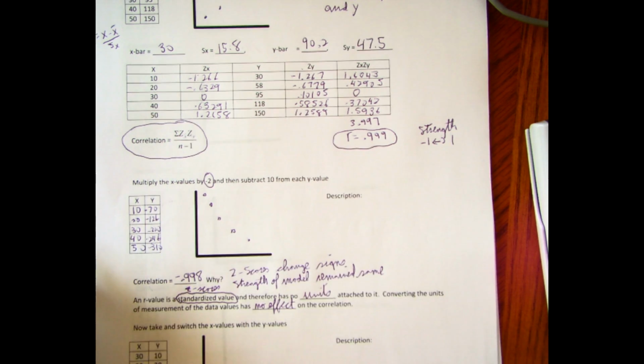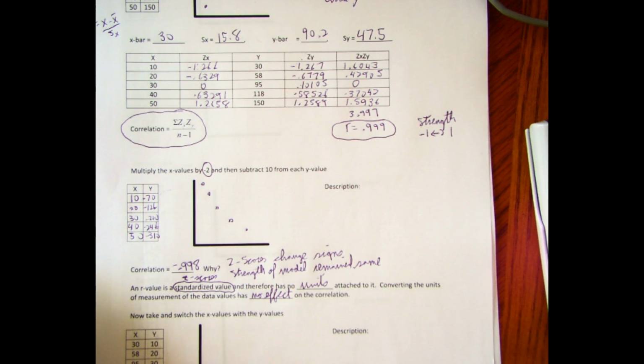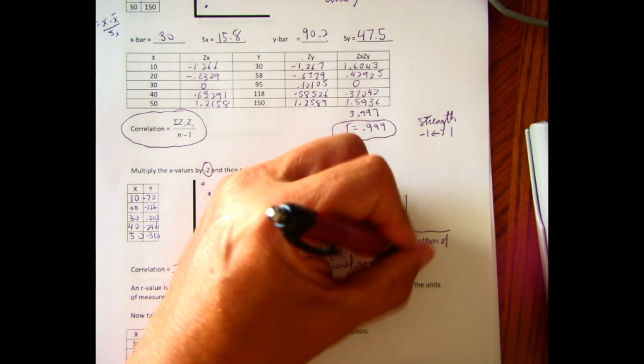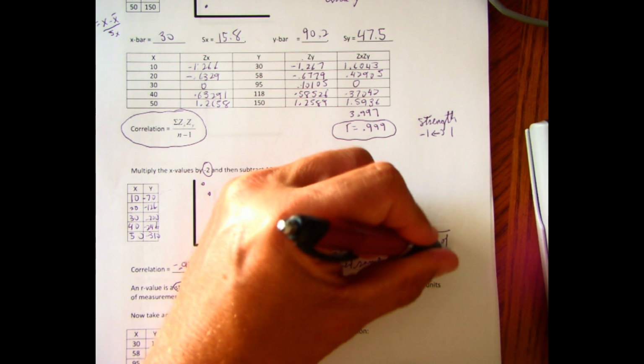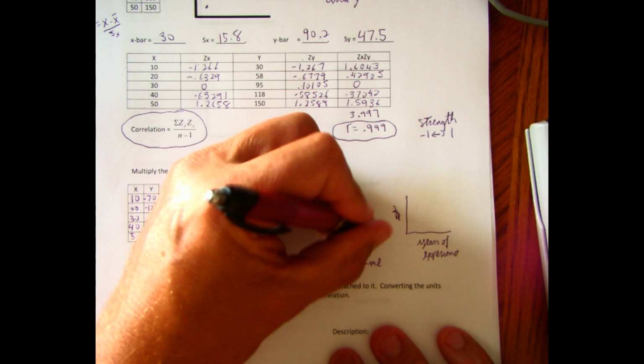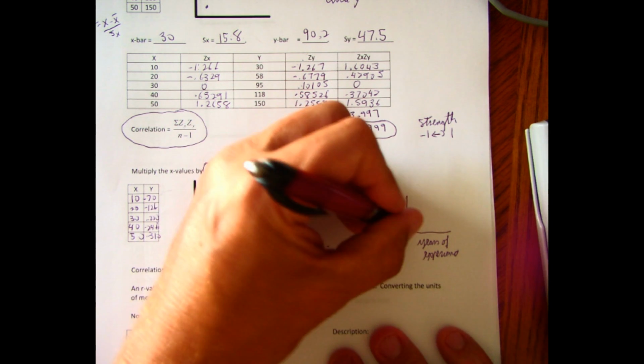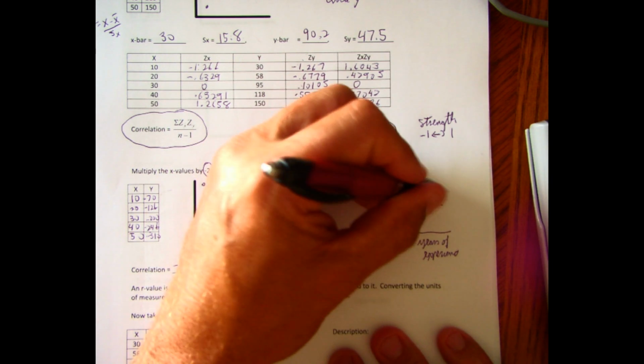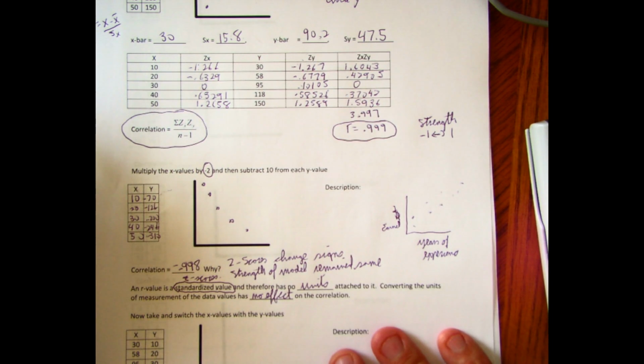Alright. So let's say that we're looking at a graph of years of experience, and we look at dollars earned. And let's say we're looking at CFOs of Fortune 500 companies.